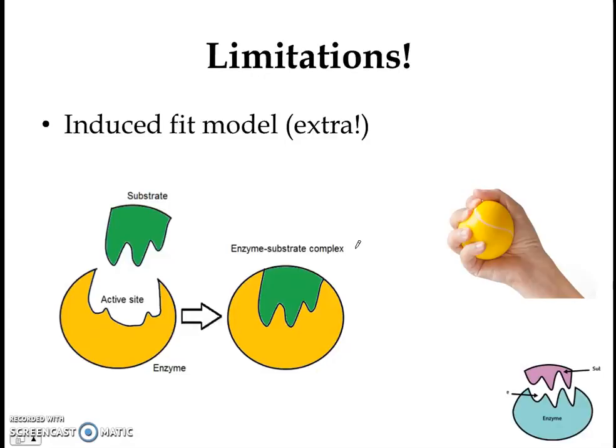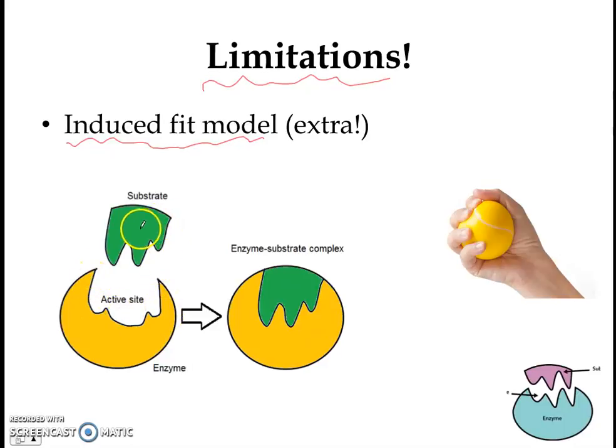Now let me just end off by saying that the lock and key model has its limitations. In fact, there's another model of enzyme action called the induced fit model. Okay, it's totally not in your syllabus, but just something to be aware of. And the idea is that this active site is not entirely rigid. It's not entirely fixed in shape.